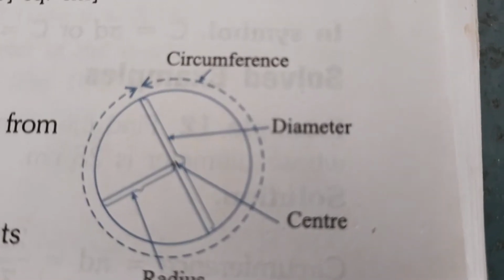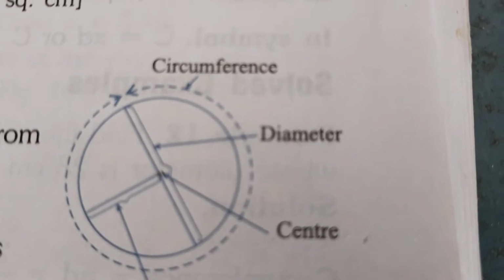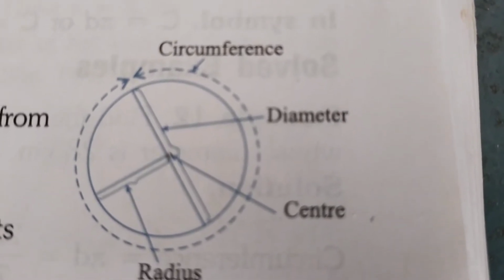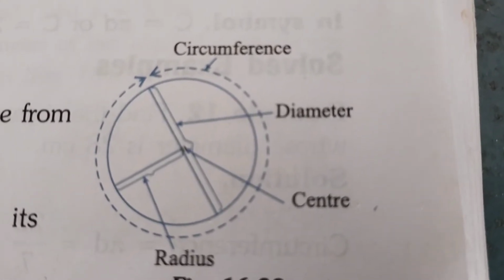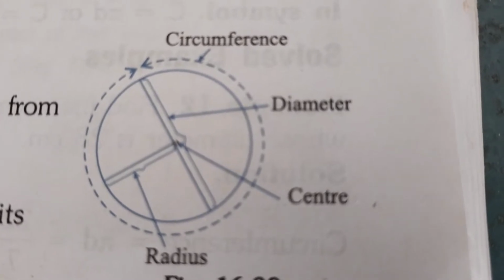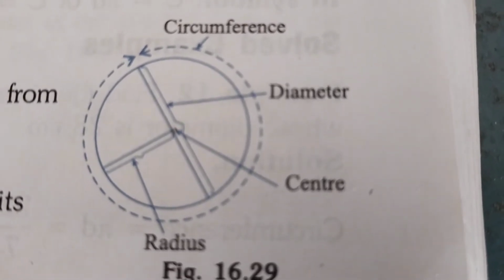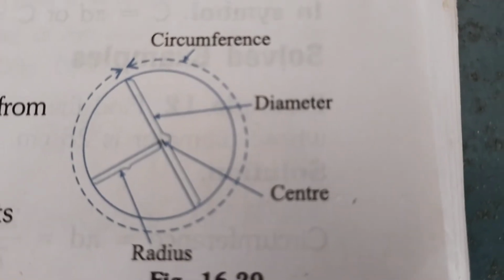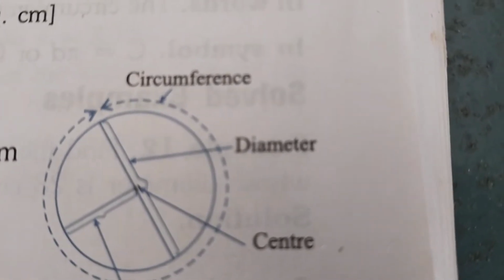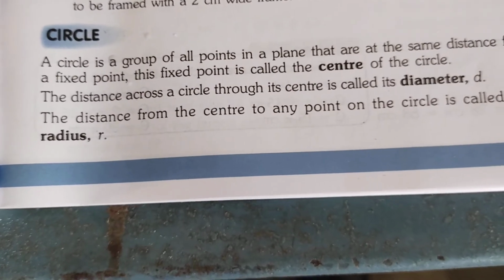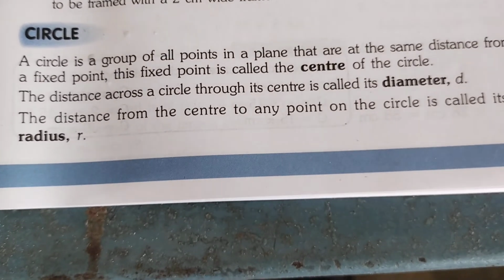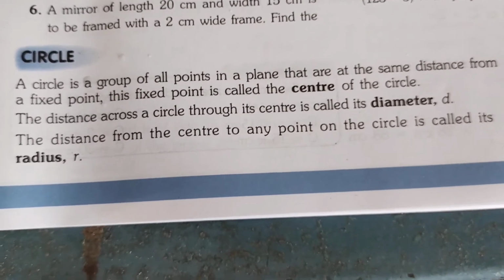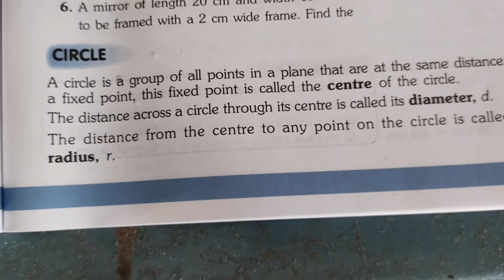Here you can see the circle. You are observing the circle figure, and you have some parts in that: diameter, center, radius, circumference. A circle is a group of all points in a plane that are the same distance from a fixed point.